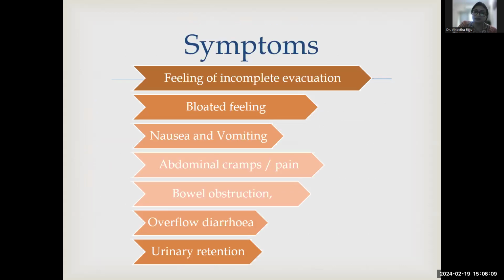And we have seen the symptoms of constipation, all the different symptoms like nausea, vomiting, abdominal pain, right? You must have also been told about overflow diarrhea, and sometimes how the rectum is so loaded that it puts a pressure on the bladder, and there is retention of urine, right?